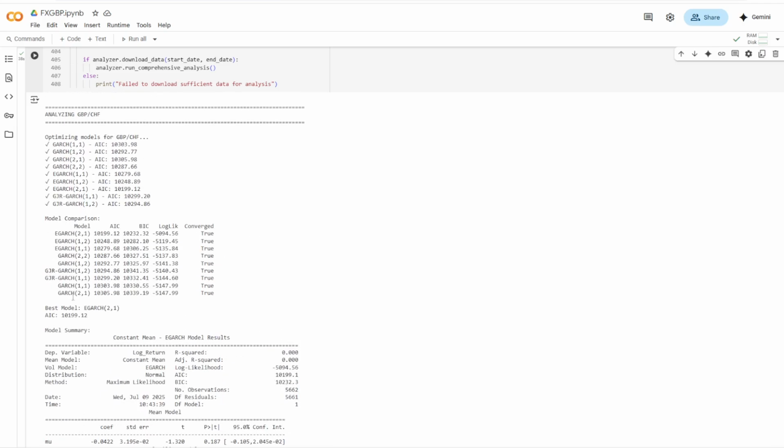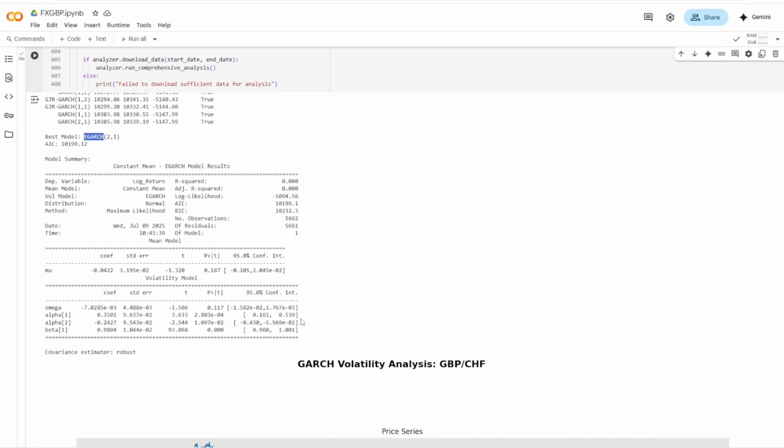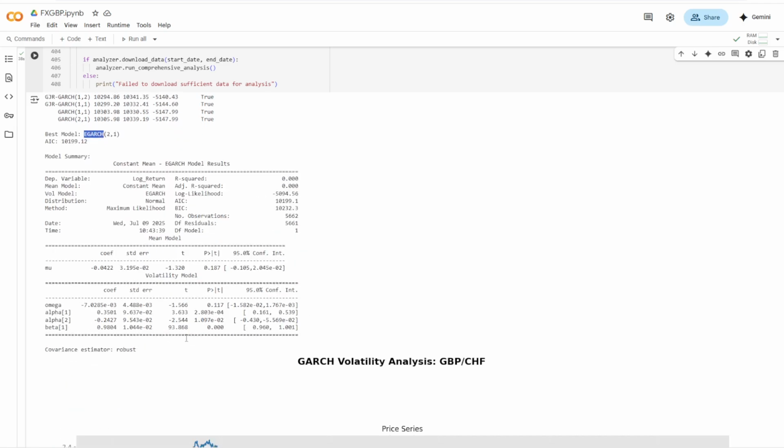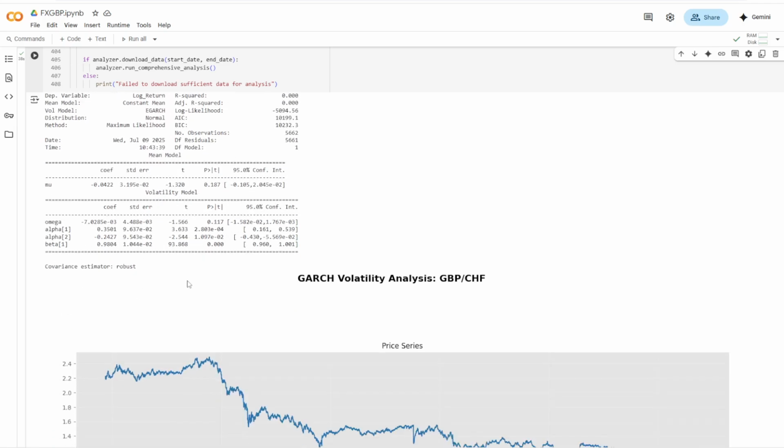Yeah, here for example we have a GARCH model. The GARCH model does not account for the gamma parameter.